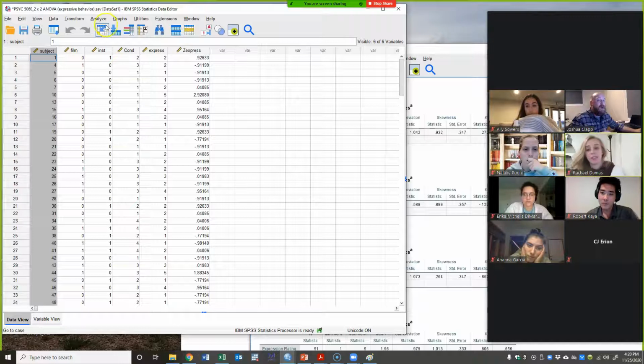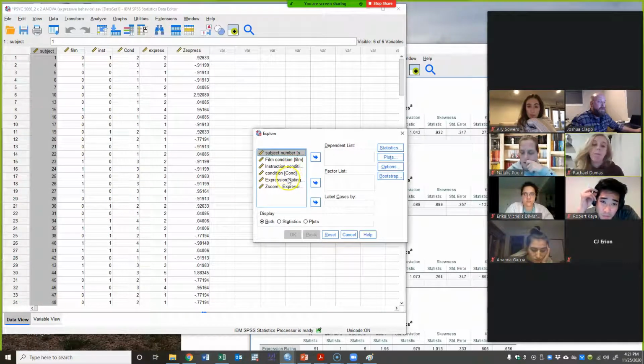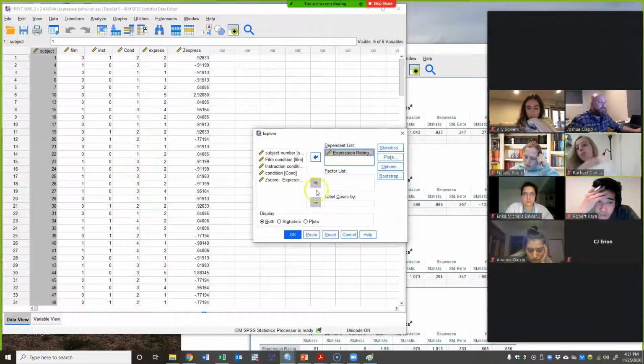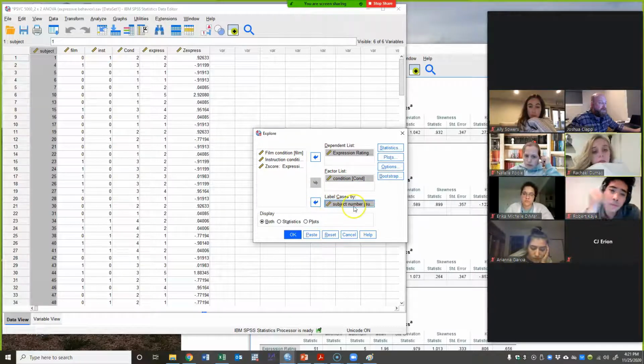Because what I'm going to do now is go to Analyze, go to Descriptives, and go down to Explore. I'm going to ask for expression rating as my outcome, put in instruction as my factor list, and put my participant number as my label.